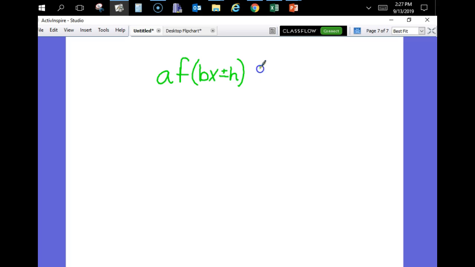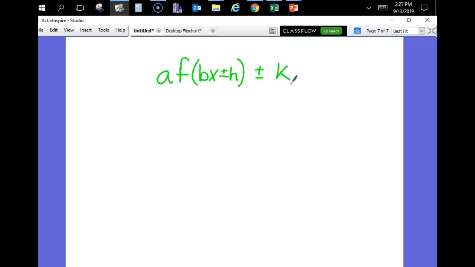We can also add or subtract a number from that. We could do all of them at once. Okay? So, these are all the transformations put into one.